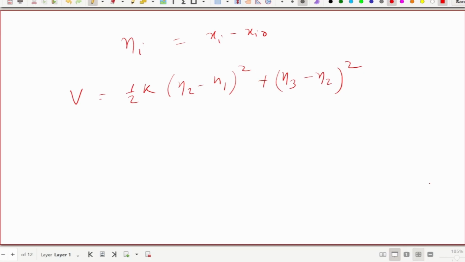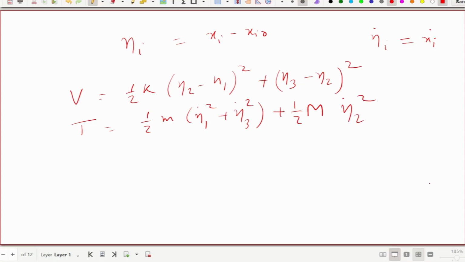And with this definition the kinetic energy is reduced, because eta i dot is the same as x i dot. So, we can write the kinetic energy in terms of eta as half m eta 1 dot square plus eta 3 dot square plus half capital M eta 2 dot square.